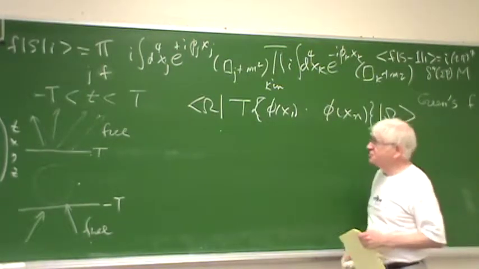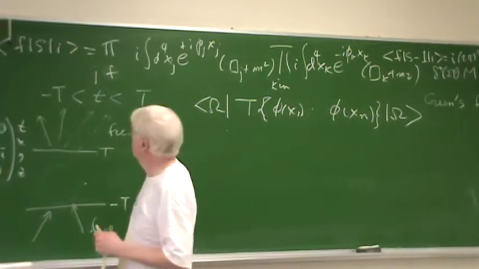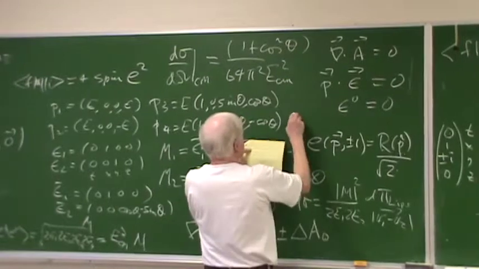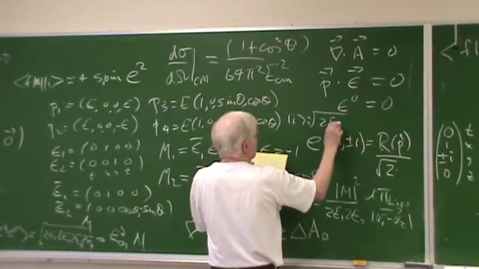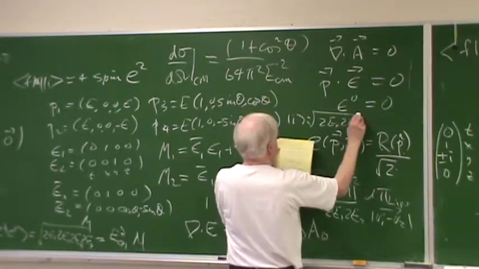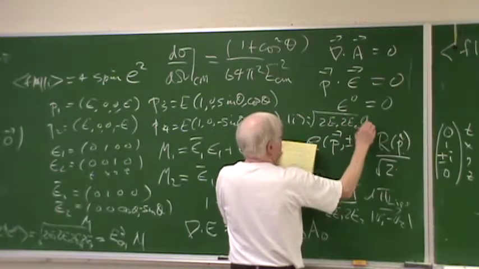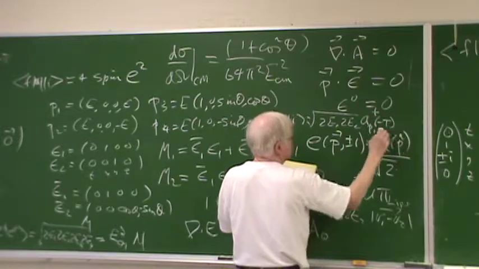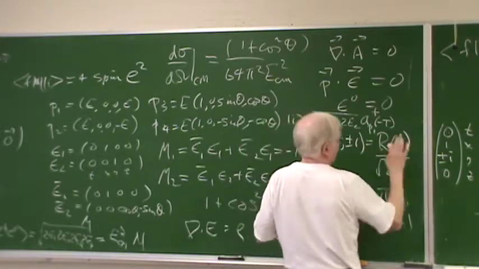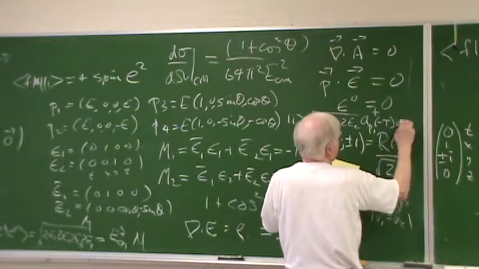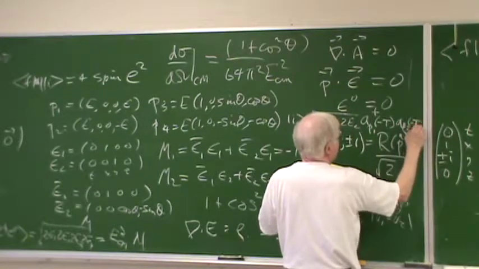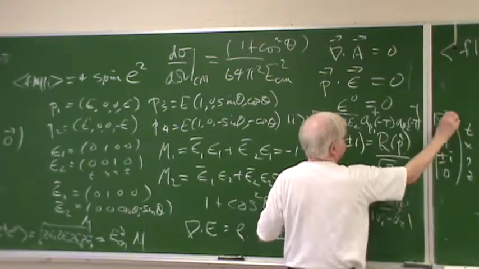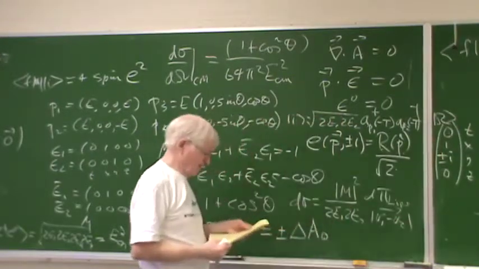And of course, the initial state, let's see, there's a little bit of green here. The initial state is going to be square root of 2E1, 2E2, creation operator for P1 at minus T, or minus infinity if you want, a dagger P2 of minus T, and those are acting on this physical vacuum, omega.